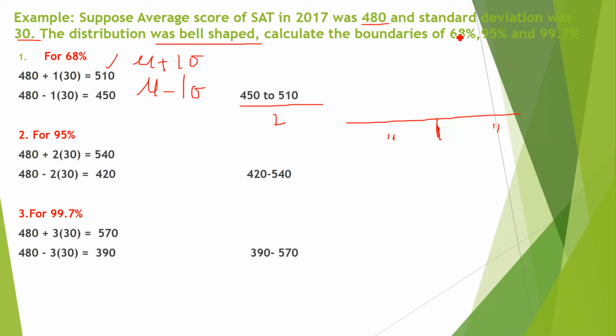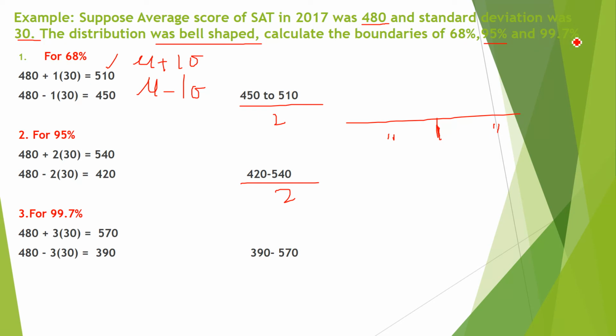When k is equal to 2, 95%. 95% means mu plus 2 sigma, when k is equal to 2. So 480 plus 2 sigma is 540, 480 minus 2 sigma is 420. So your range is between 420 and 540. If you add these and divide by 2, you will again get 480.